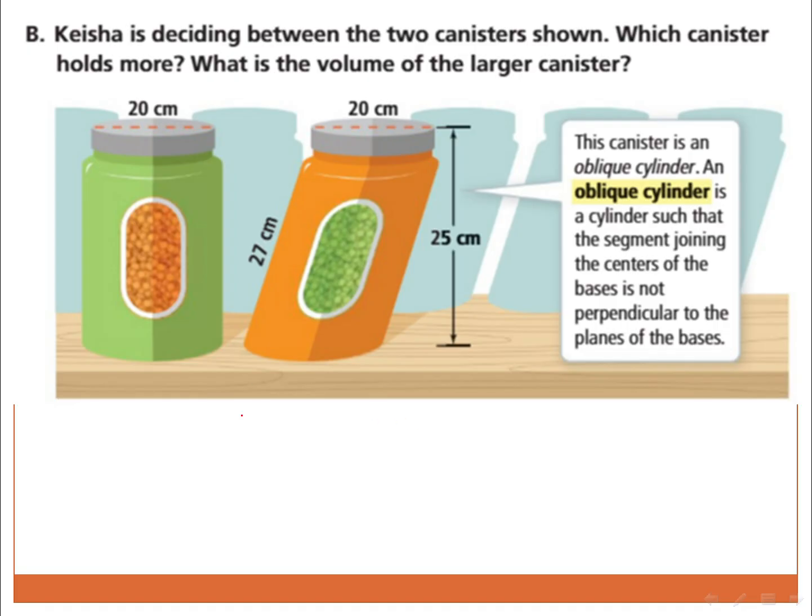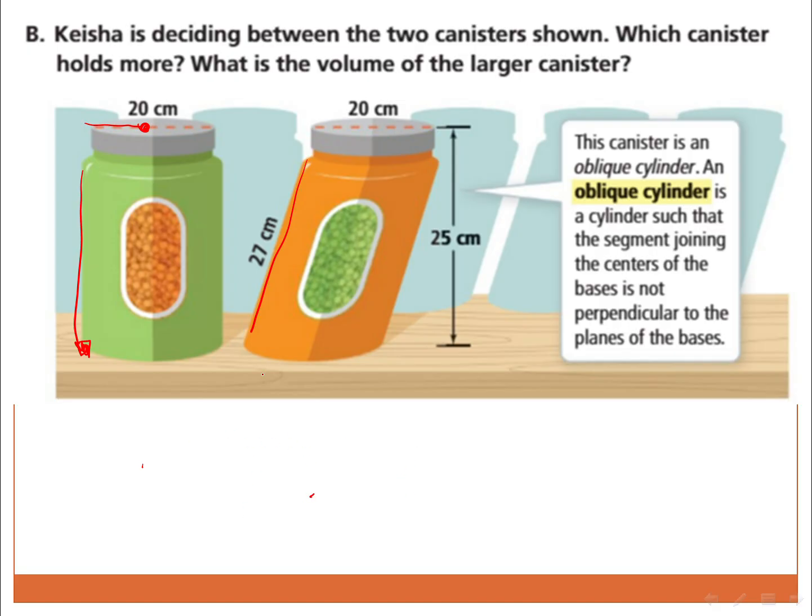As you can see, I have a right cylinder and here I have an oblique one. The height for both is 25, and the area of the base will be the same. If you still remember, Cavalieri's principle says: if we have the same height and the same cross-sectional area for each layer, then we will have the same volume.